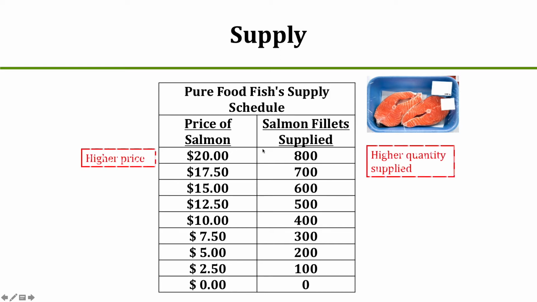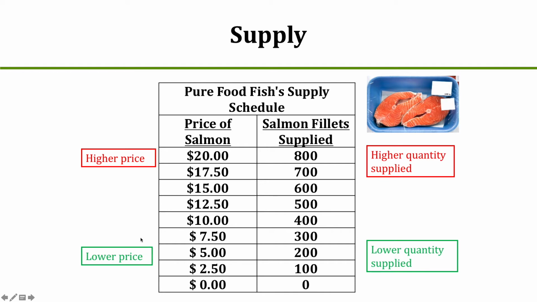As you can see, there's a direct relationship or a positive relationship between the price and the quantity, because higher price is related to higher quantity supplied, and lower price is related to lower quantity supplied. So this is the supply schedule for one firm only.